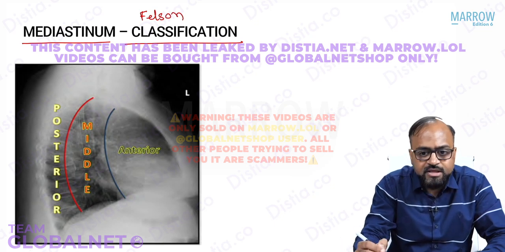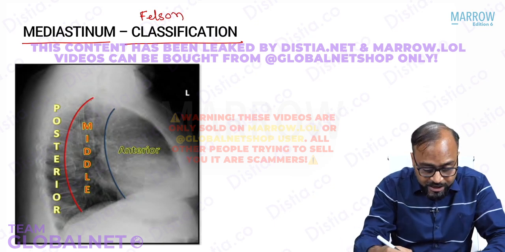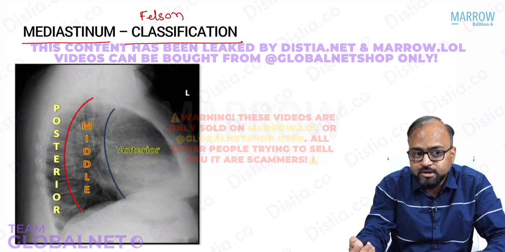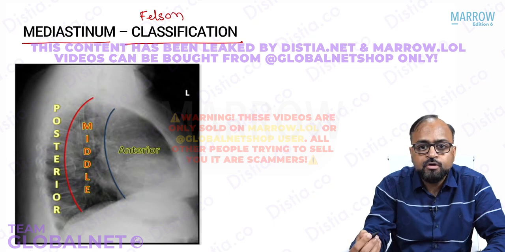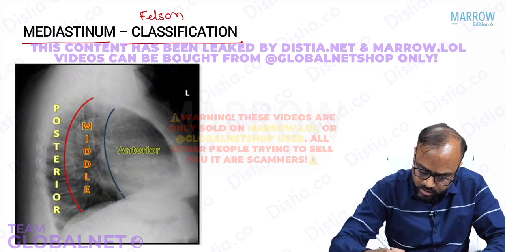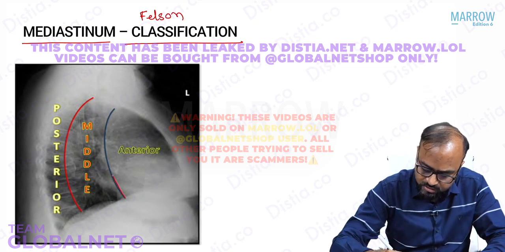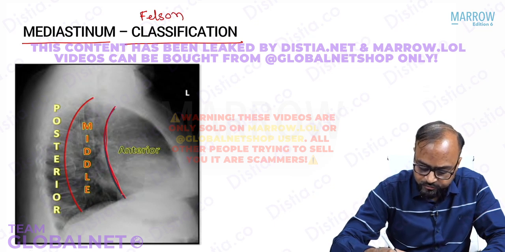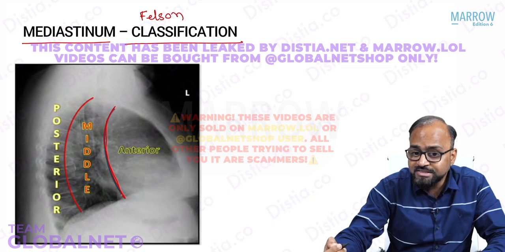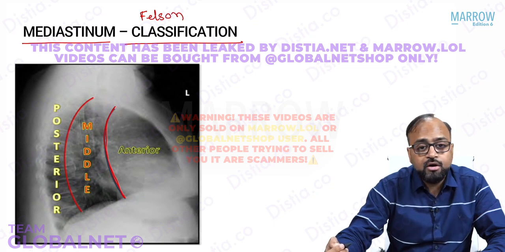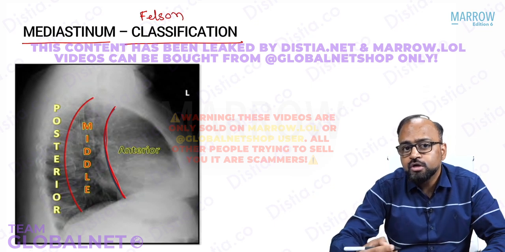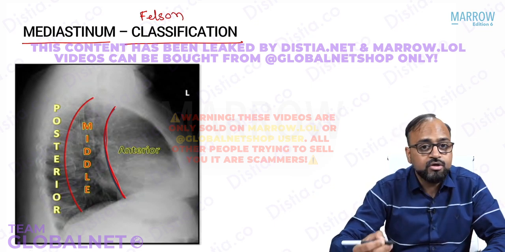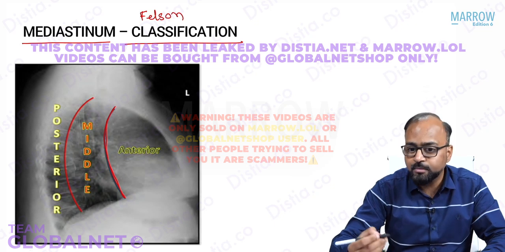See, it states that two lines are drawn which divide the mediastinum into anterior, middle, and posterior. What are these two lines? The first line is drawn along the back side of the heart here and along the anterior margin of the trachea. This is the first line. The second line is drawn along a line which connects dots placed on each thoracic vertebra, but where?